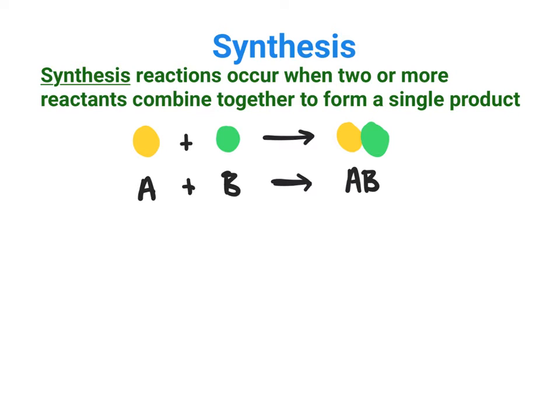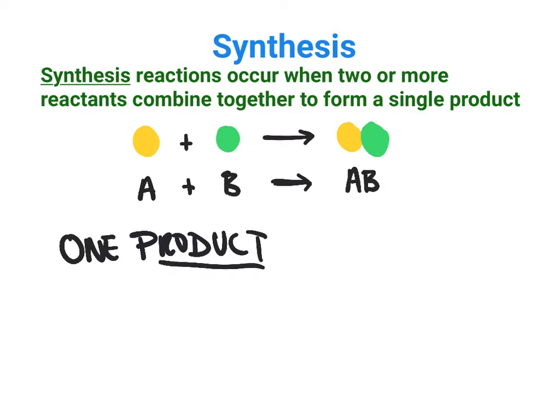The synthesis reaction is easiest to spot for one reason and one reason only. It is the only reaction type where there is one product. So if you look at a reaction and see only one product, it is definitely a synthesis reaction. You're familiar with synthesis reactions because they are things like the formation of water.